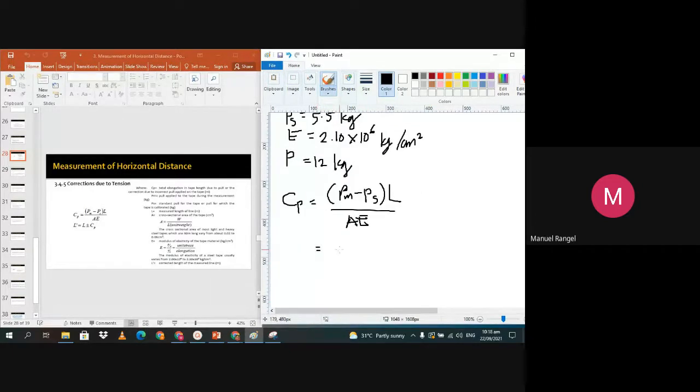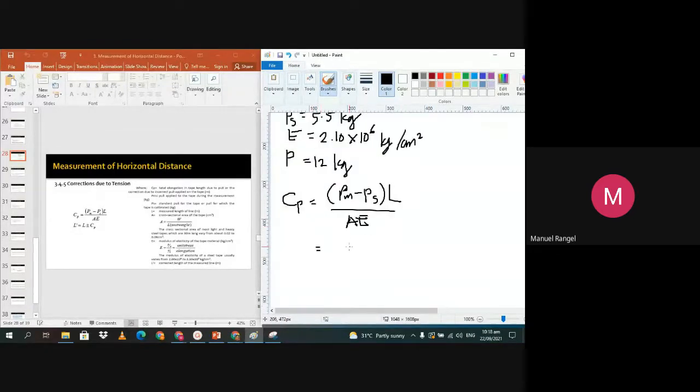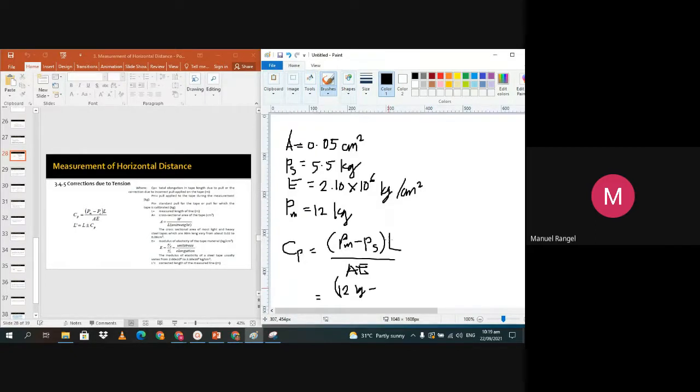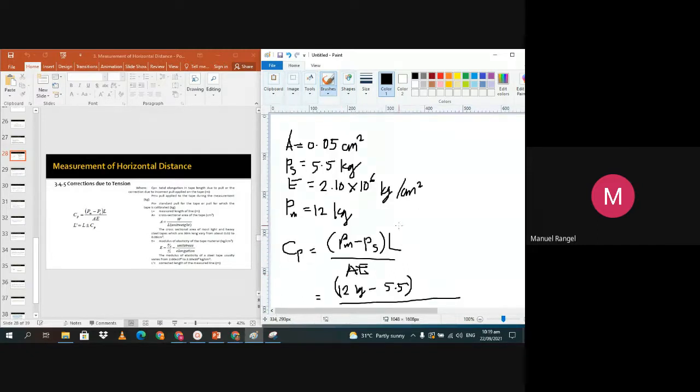So CP would be PM, that is the 12 kilograms, the applied pull, minus PS, 5.5, times L. What is the L?